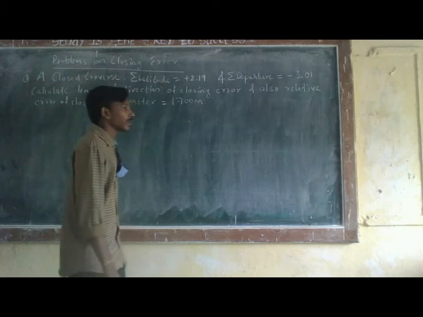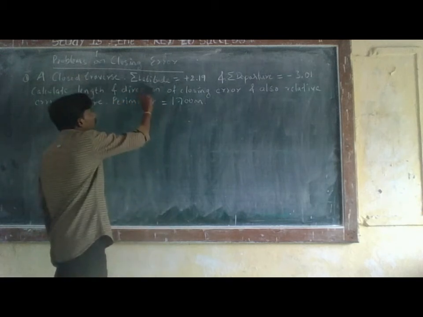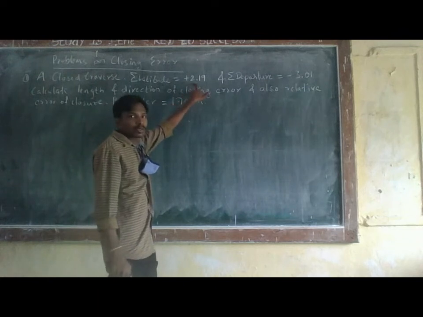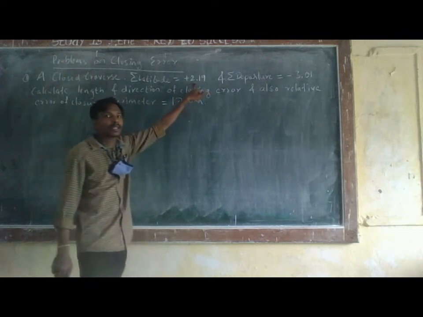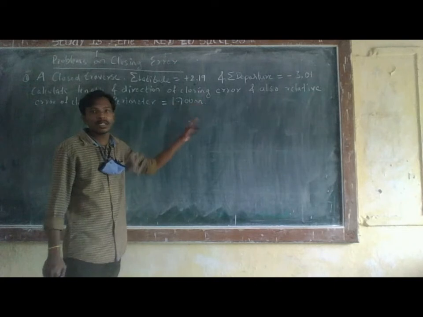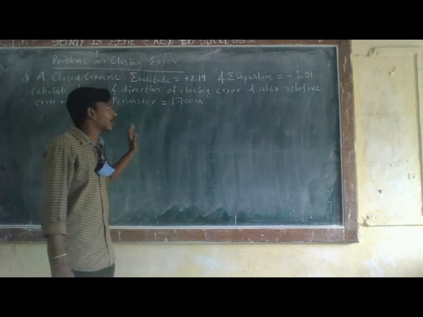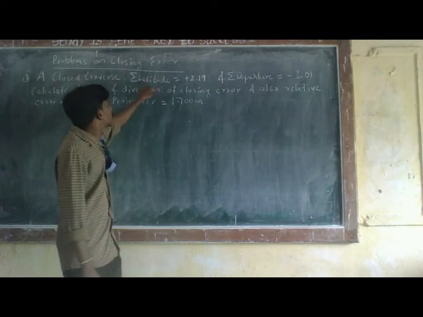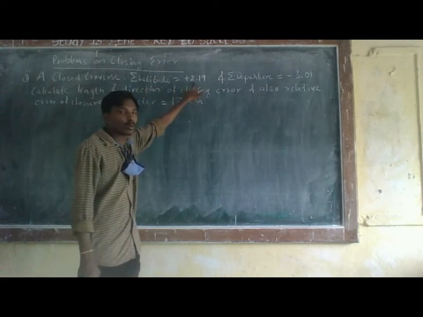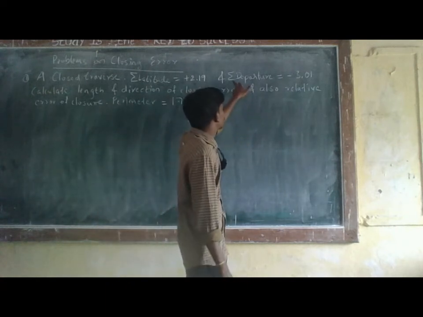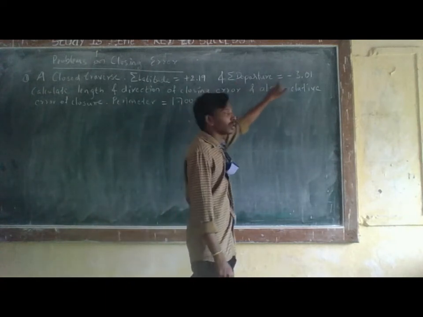Here you can observe that the summation of latitude is not equal to 0. So you will get to know that the traverse has some error. So the error in latitude is plus 2.19, and for the error in departure, you can see the summation of departure must be equal to 0.